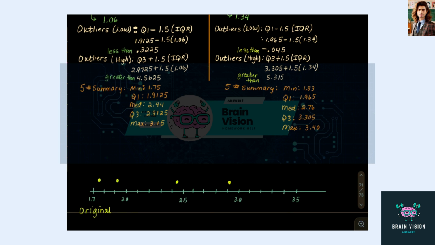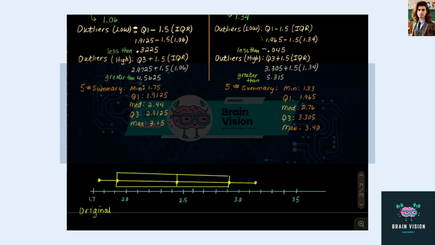And then 3.15 would be around right there. And what you're going to do is connect those 5 key points. You're going to draw a box from Q1 to Q3, and then you'll separate the box at the median.